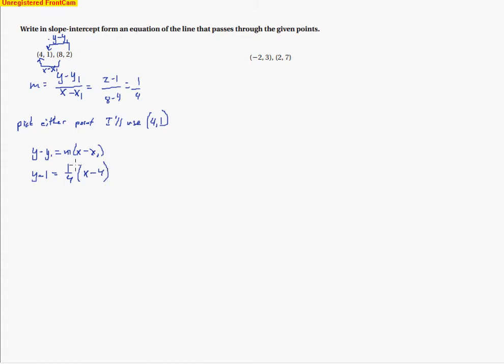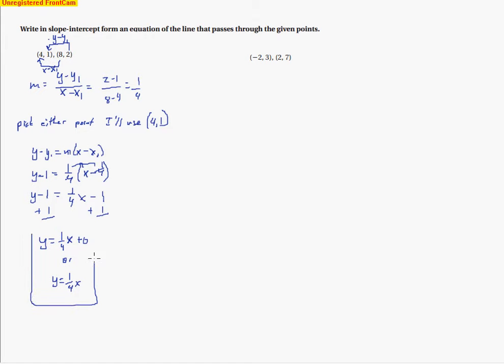So I go ahead and distribute, and I've got y minus 1 equals 1/4 x minus 1. So I got that because 4 goes into 4 one time. Multiplying across leaves me with 1. So all I have to do is add the 1 to both sides, and I get the answer. y equals 1/4 x. You could write down 1/4 x plus 0, or you could just write down y equals 1/4 x, because the ones end up canceling out.